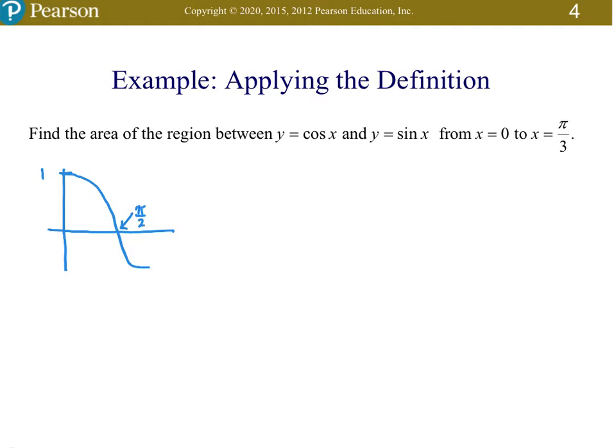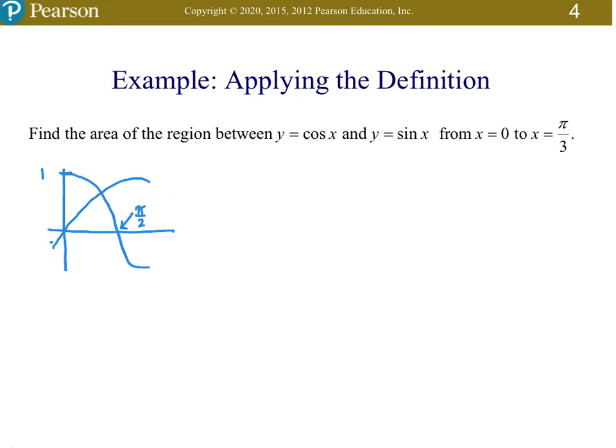Sine has a little bit of a different shape. Sine is going to be coming up through the origin and having its peak, and we want to go from 0 to pi thirds.